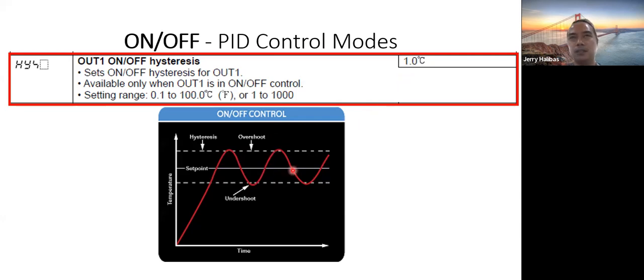If the final control element is electro-pneumatic, like a control valve, it is easily damaged because it is mechanical in nature. So watch the hysteresis, do not set it too low. As much as possible keep the default value, or increase it accordingly, so the switching is not too fast.